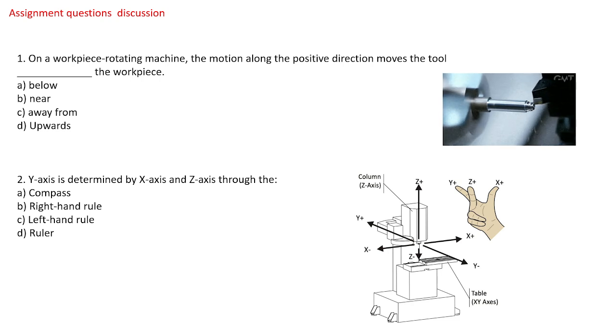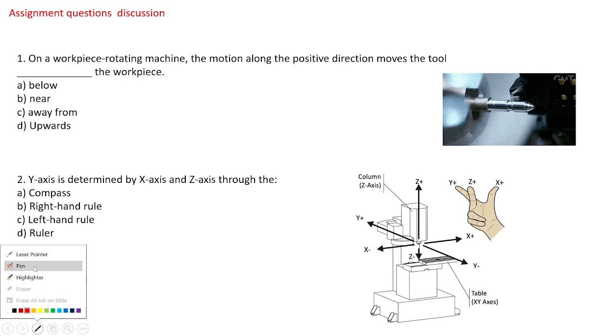So that is the advantage, and that's the reason the motion along the positive direction moves the tool away from the workpiece. So the right option will be option C, that is away from.